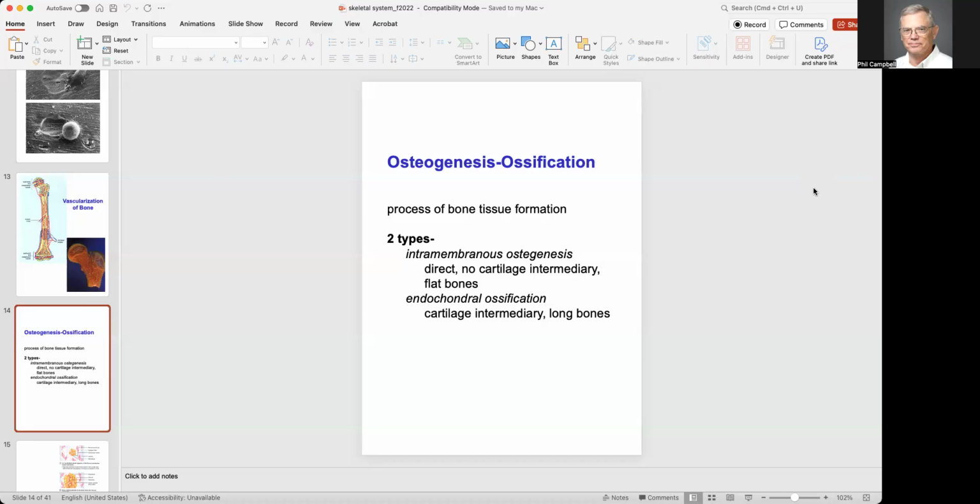So that's why it's called either secondary bone formation or endochondral bone formation, because there's an intermediary cartilage step. All long bones are formed in this manner, and we'll get into more detail in a moment. But those are the basic two mechanisms in your body whereby bone is formed.